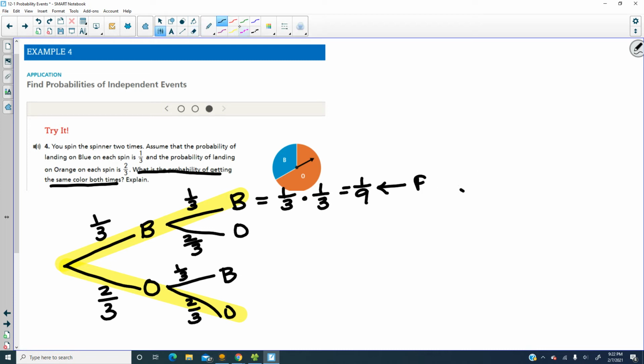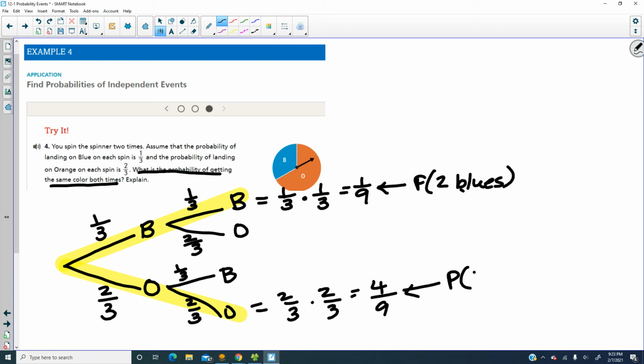That's the probability of getting 2 blues. Okay, to get 2 oranges, I would take 2/3, multiply it by 2/3, we get 4/9, which is the probability of getting 2 oranges.